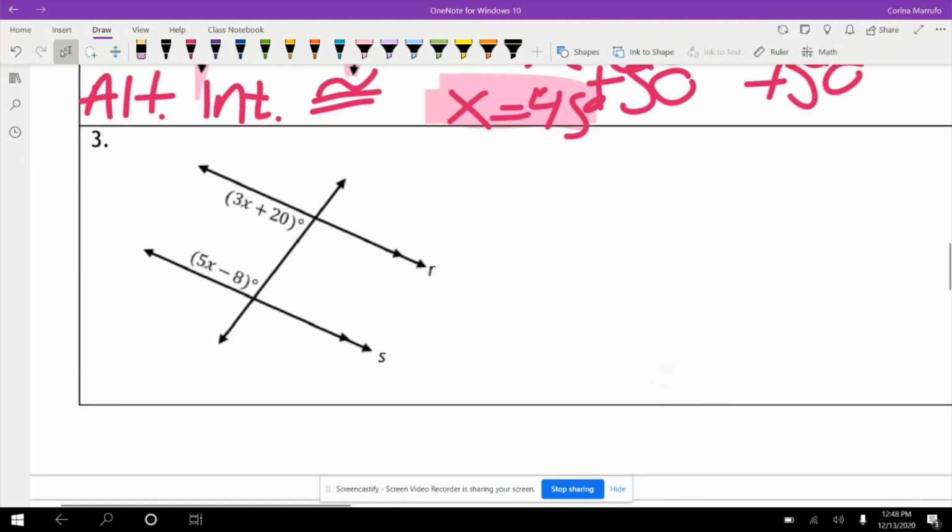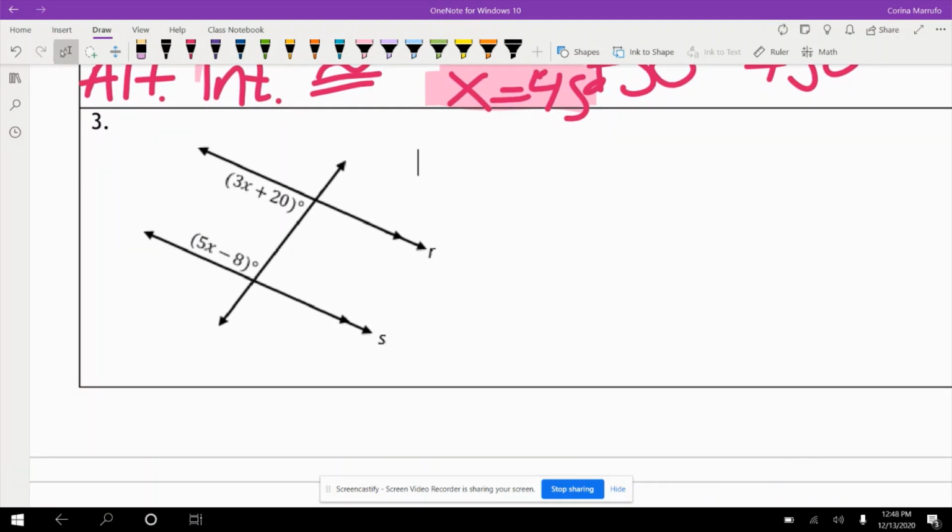All right, the next one here we have 3x plus 20 and 5x minus 8. So these ones are inside the parallel lines, but they are on the same side. So these are considered same side interior or consecutive angles. So when this happens, you need to figure out, are they the same or are they supplementary?